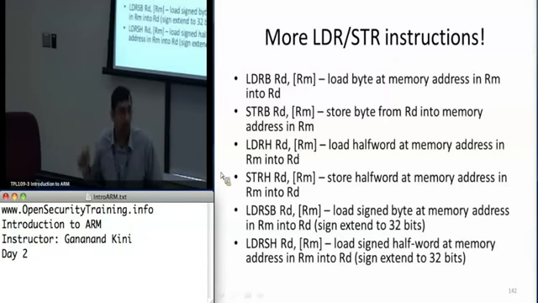Does that make sense? So that's for load sign byte. And similarly for load register with sign half word, it's going to take the half word's sign bit into account and set bit number 15 in the destination register.